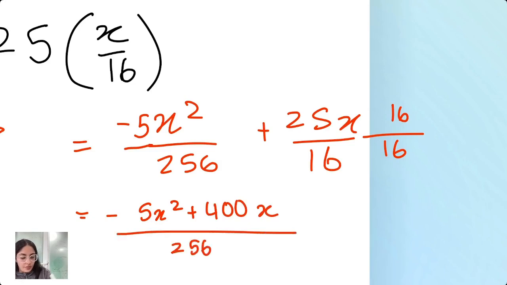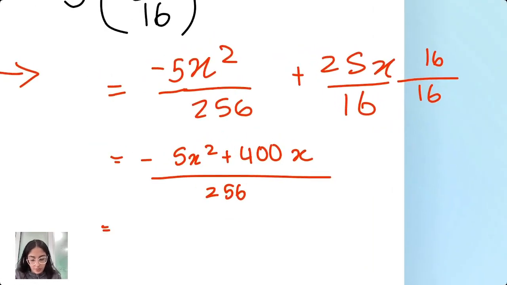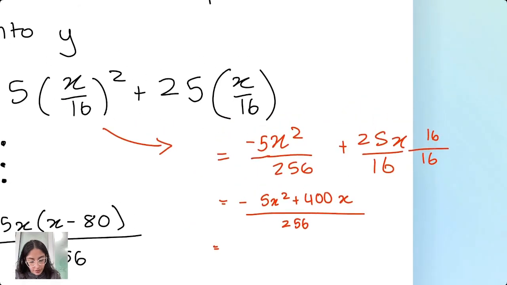And then we sub out a -5x, and you just end up with x minus 80 all over 256.